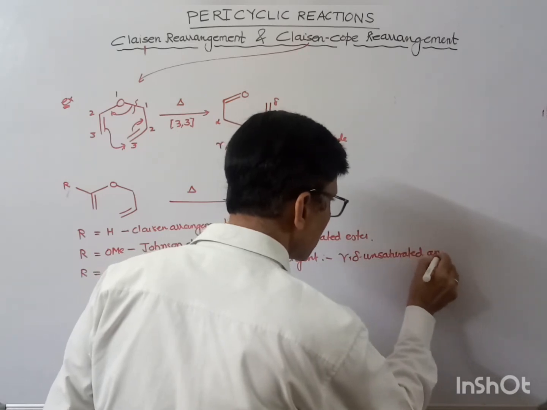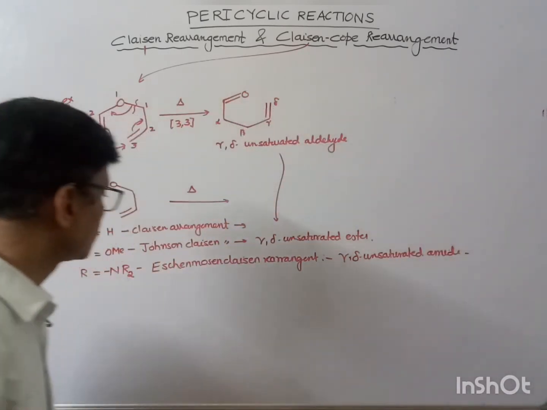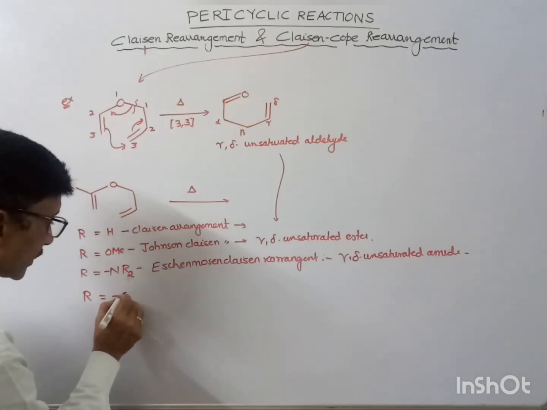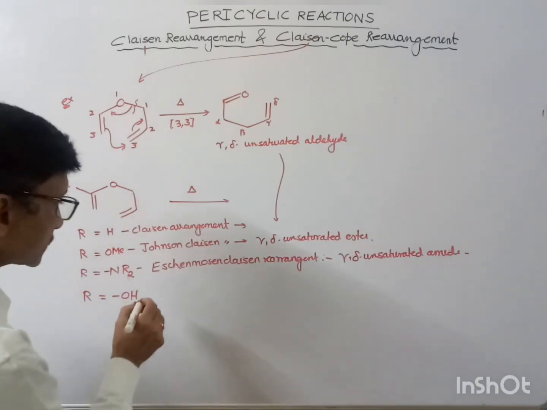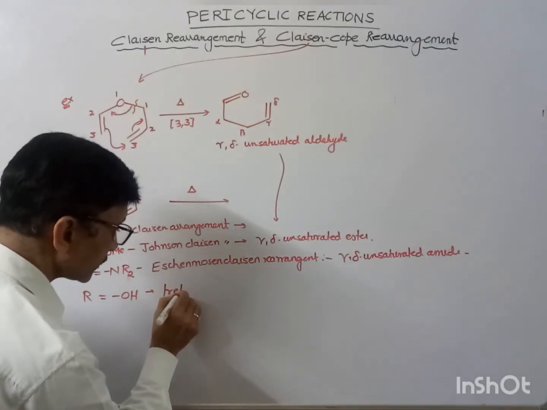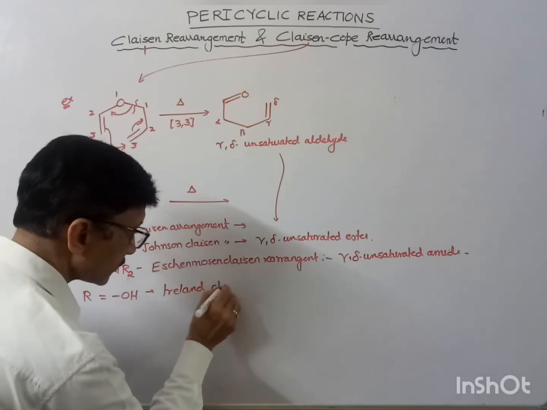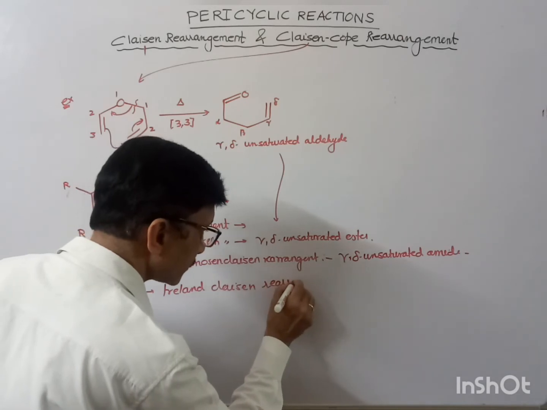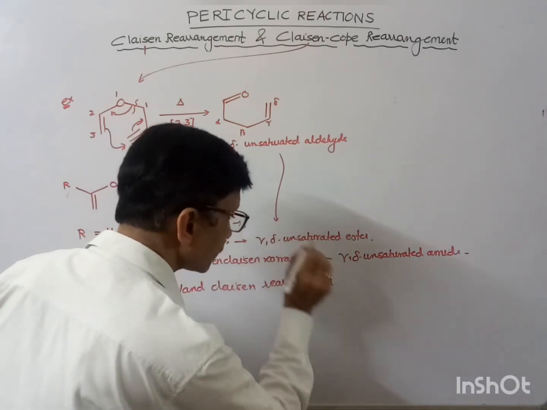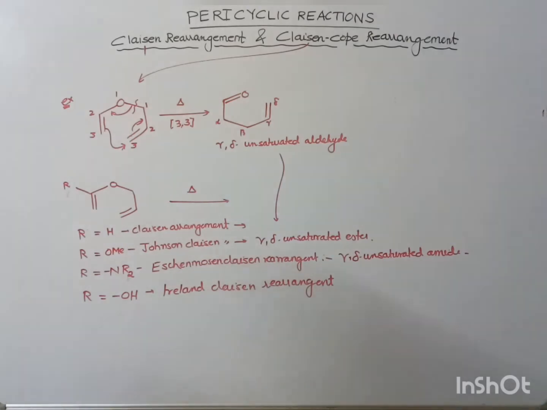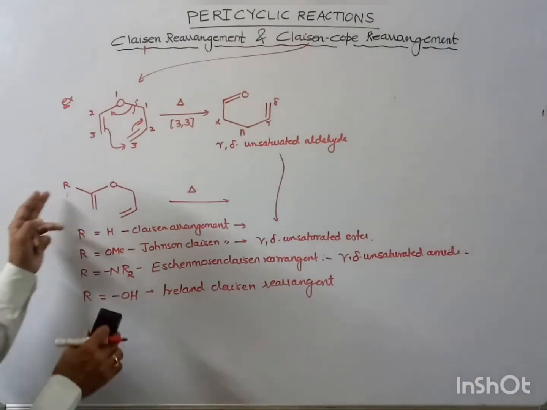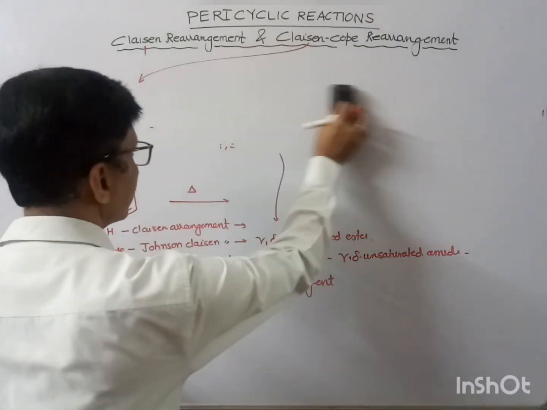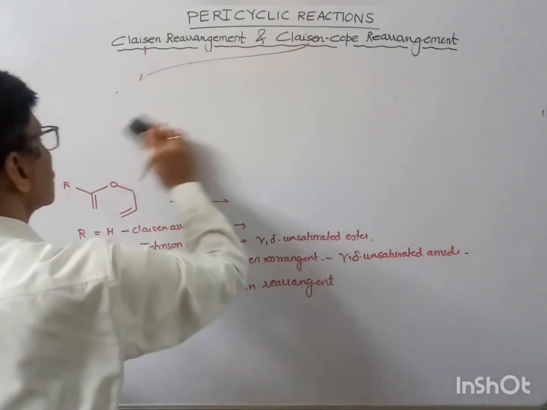This would be formed as a product. Now suppose we have this as OH, then that reaction is called the Ireland-Claisen rearrangement. Simple. Okay. Now, for different R, a different name is given as per the discovery by different scientists.